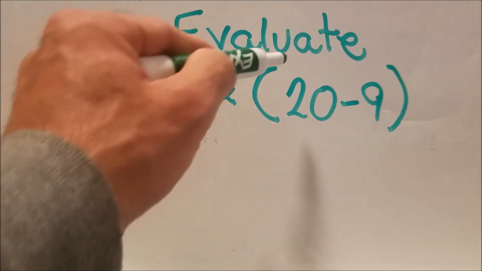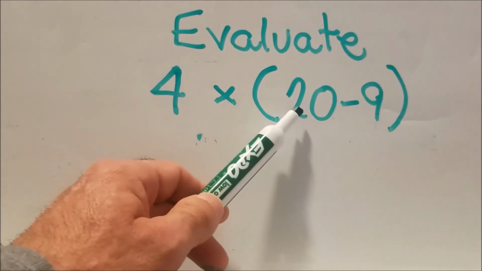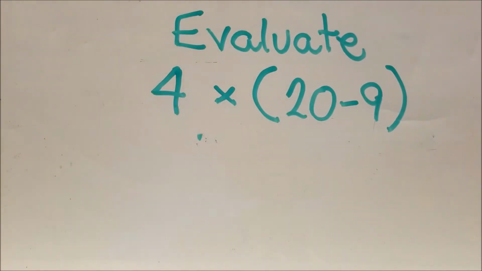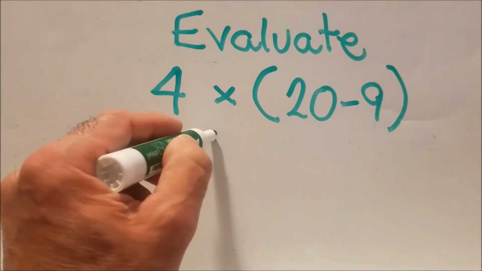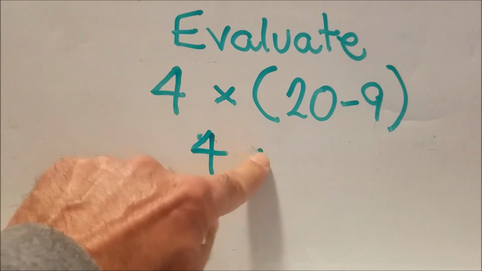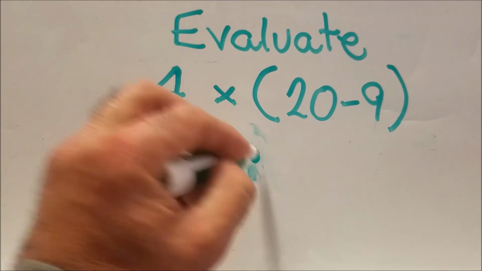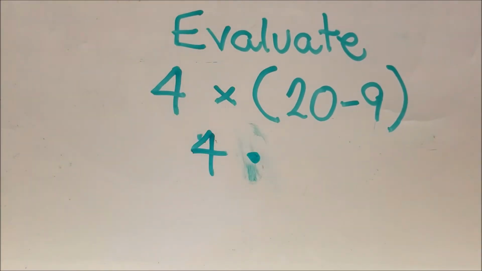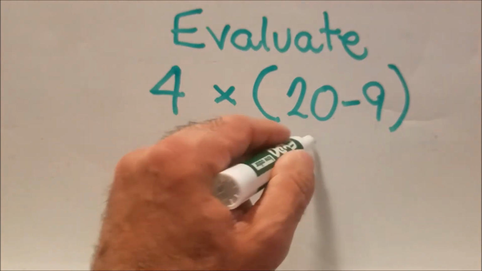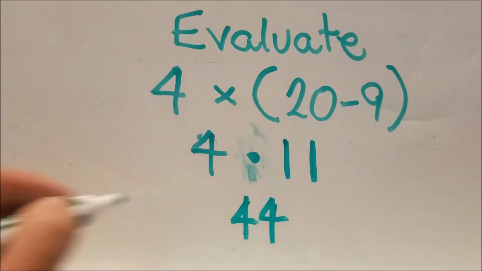With the parentheses, we could say the difference of 20 and 9 multiplied by 4. We have to do parentheses first, so we'll bring the 4 down. 4 times, we can also use the dot, whatever you're comfortable with. And what's 20 minus 9? 11. Then we do 4 times 11, and we evaluated and got 44 as our answer.